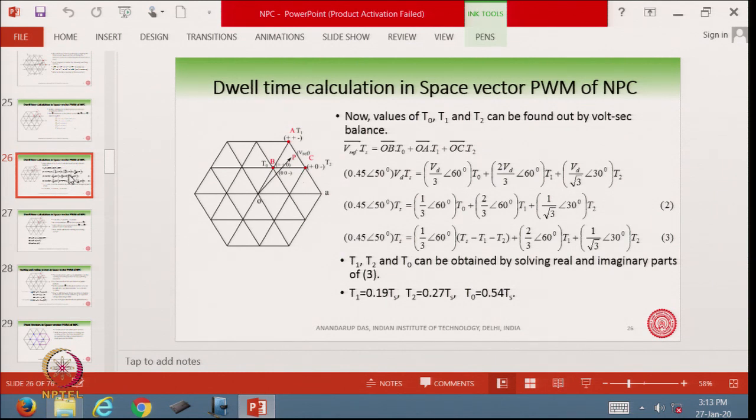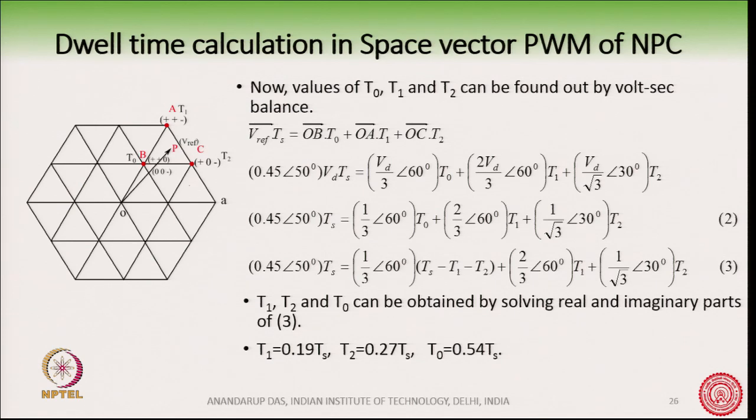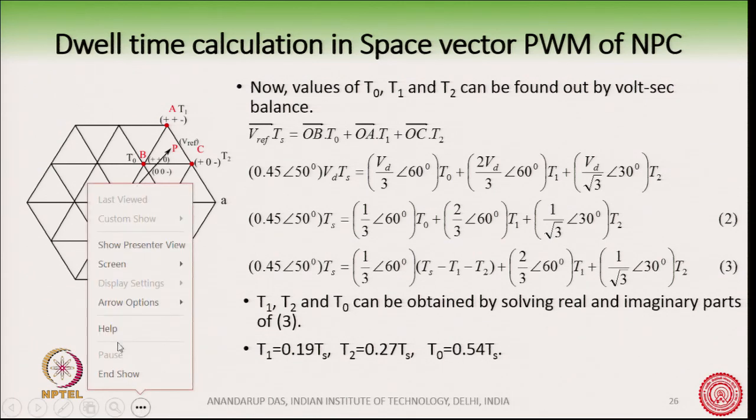As you can see, this requires a lot of calculations, and this can be simplified much by using carrier based PWM technique. Okay. So, this is what we will see now.